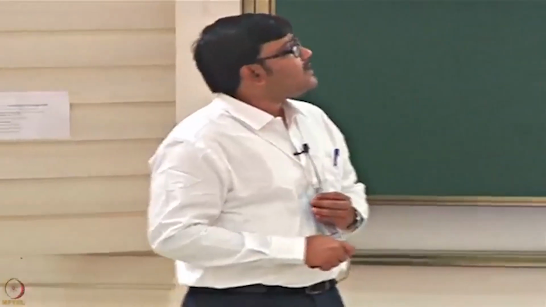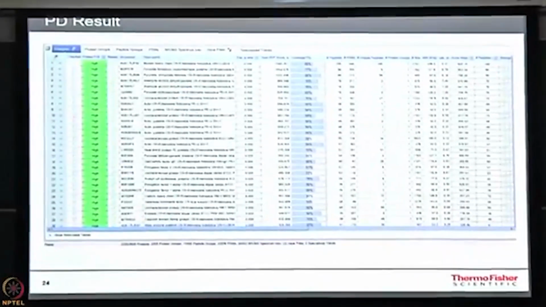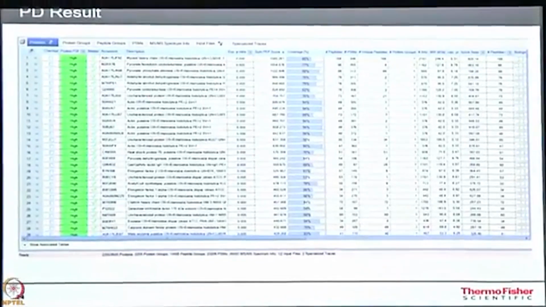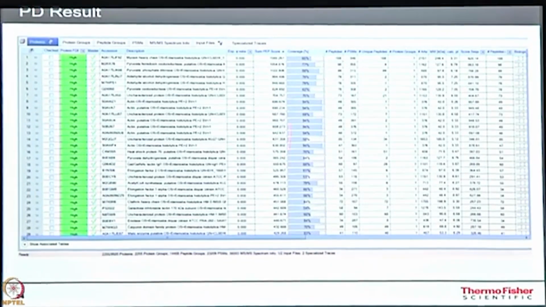Now after searching the data, what is the report format? It comes like this. These give you the protein information, what the protein matches are, the sequence coverage, and how many peptides have been matched. The important thing here is the unique peptides. We are looking at how many unique peptides we have identified.